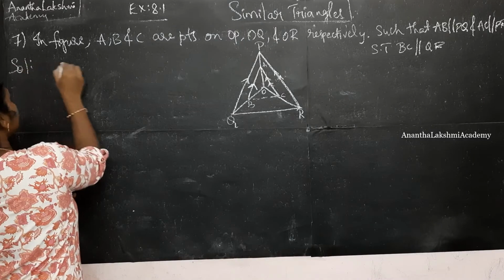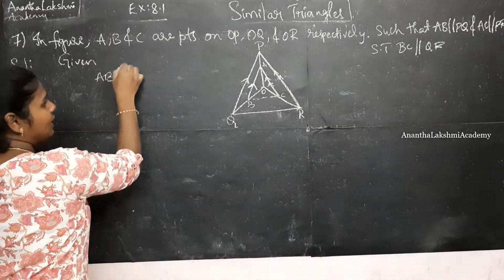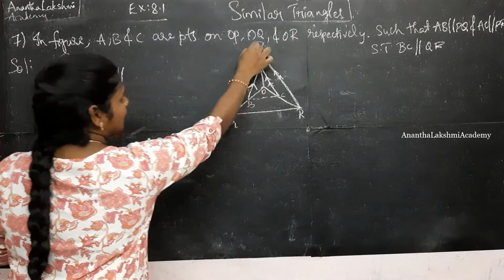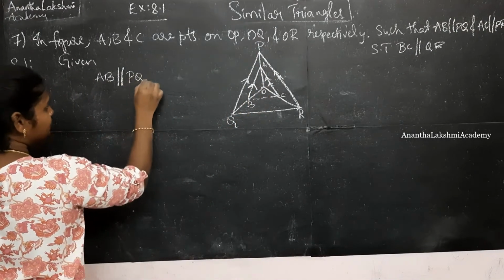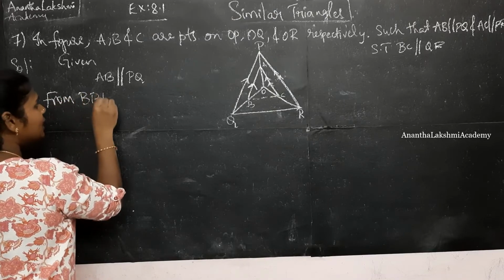Alright. Solution: given AB is parallel to PQ. So, what is our favorite theorem? Basic proportionality theorem.